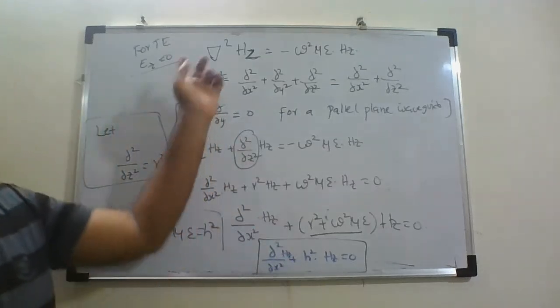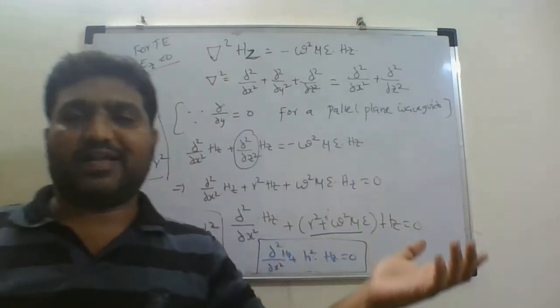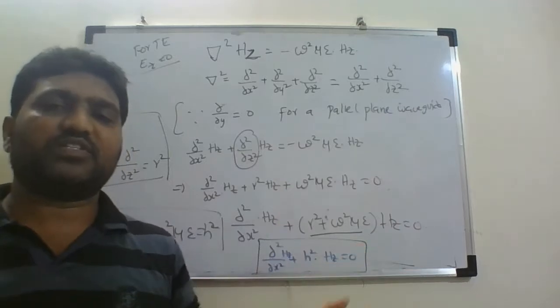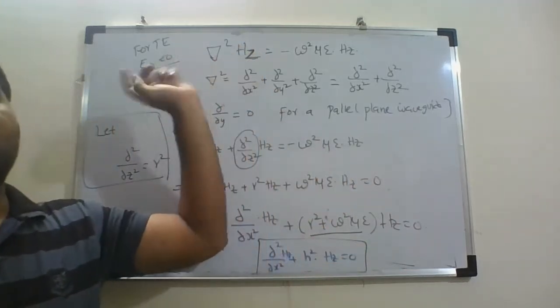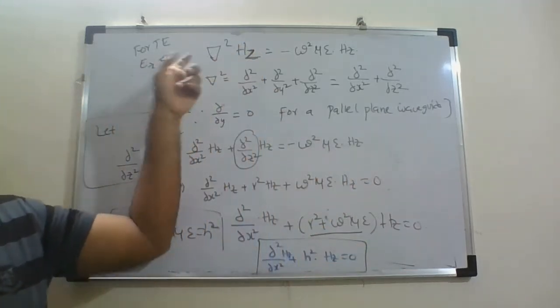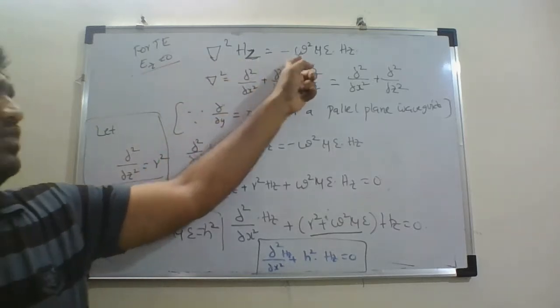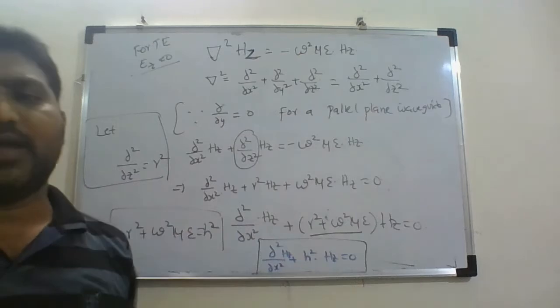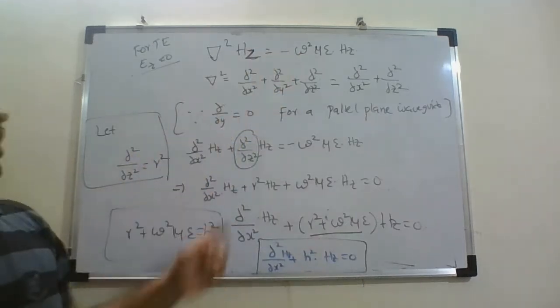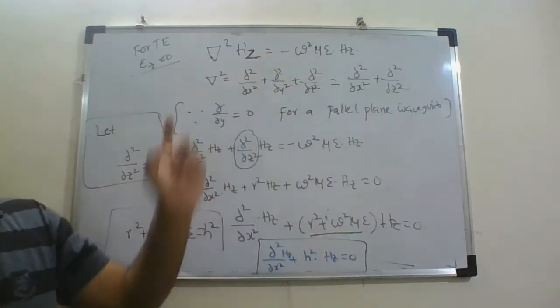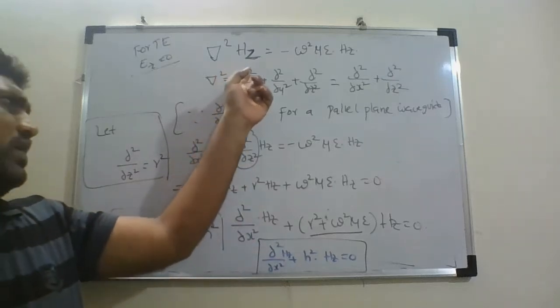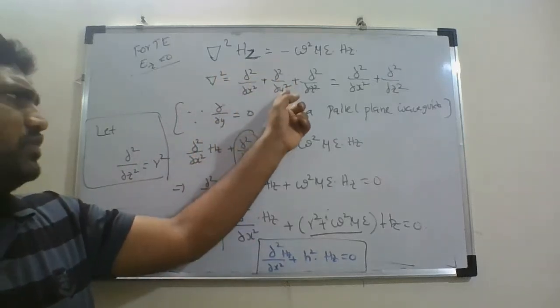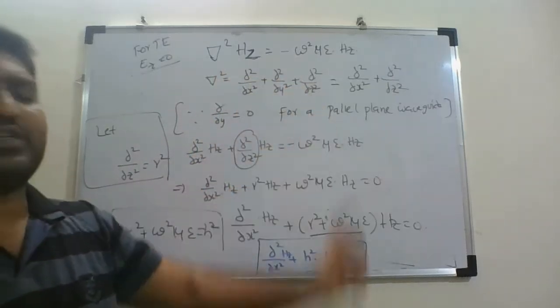Because the wave is propagating along Z, we can represent the field as a wave using the Hertz equation: del square Hz is equal to minus omega square mu epsilon into Hz. Here del square is nothing but dou square by dou x square plus dou square by dou y square plus dou square by dou z square.